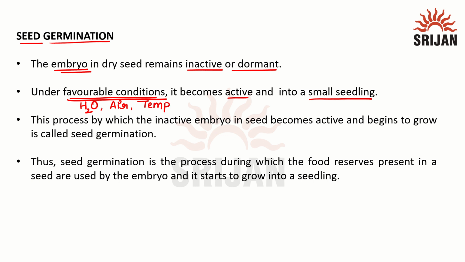Now this process by which an inactive embryo in the seed becomes active and starts to grow is termed as seed germination. Thus we can tell that seed germination is the process during which the food reserves present in the seed are used by the embryo and it starts to grow into a seedling.